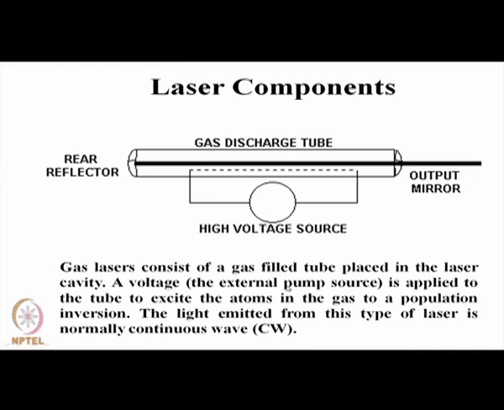So, gas lasers consist of a gas filled tube placed in the laser cavity. Like, it is the active medium. A voltage, the external pump source, is applied to the tube to excite atoms in the gas to a population inversion. Population inversion is a must. And light emitted from this type of laser is normally continuous wave.